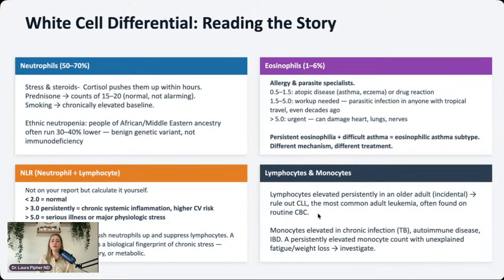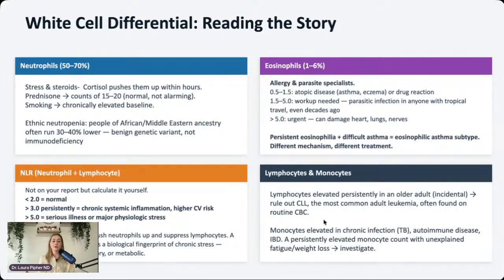First of all, neutrophils are your first responders. These are the cells that rush to a bacterial infection or injury and attack. They make up about 50 to 70% of your white blood cells. Most people don't know that neutrophils also respond to stress and cortisol. So physical stress, emotional stress, and poor sleep can all push up your neutrophil count.